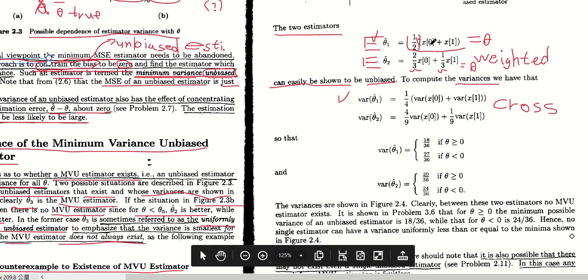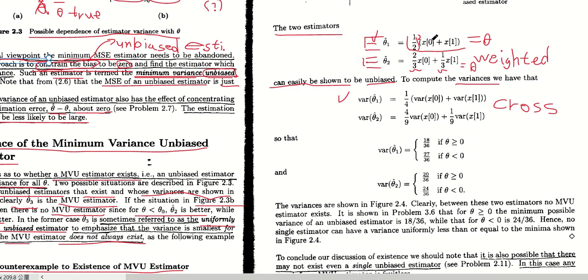So this will be 1 plus 1 divided by 4, that is equal to 18 over 36.